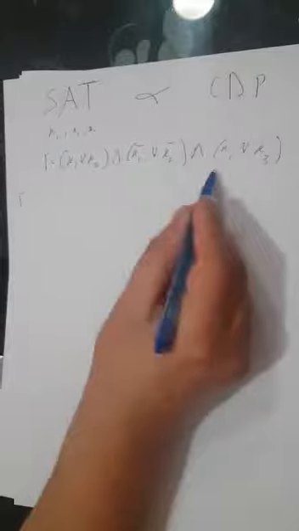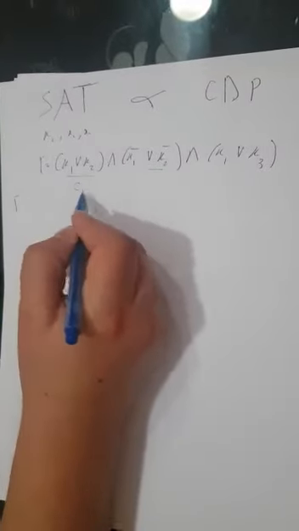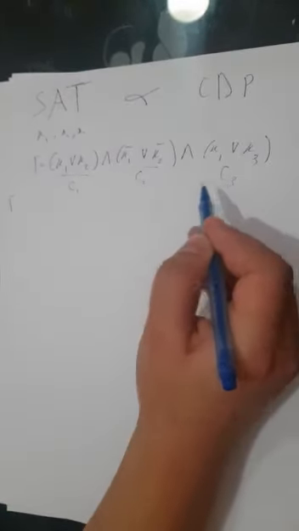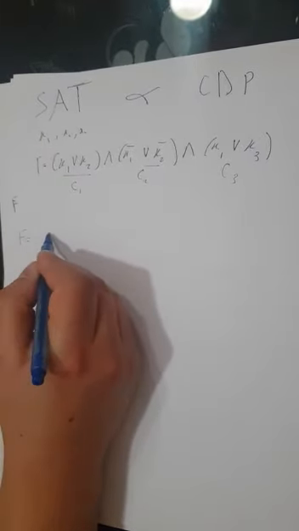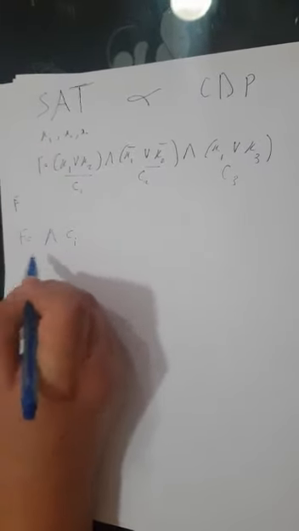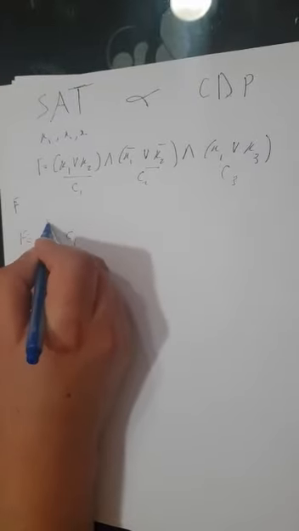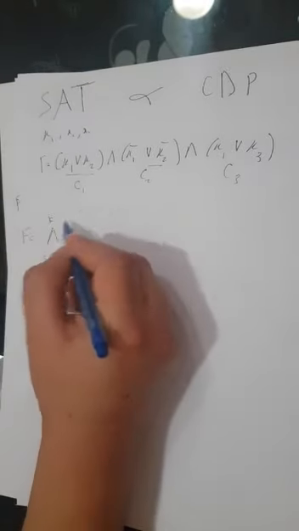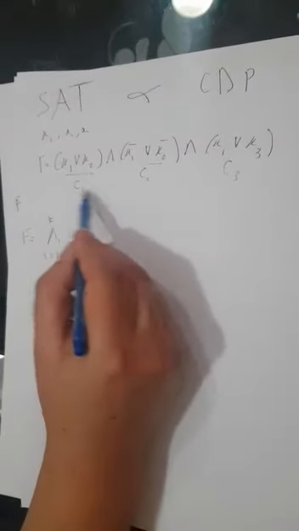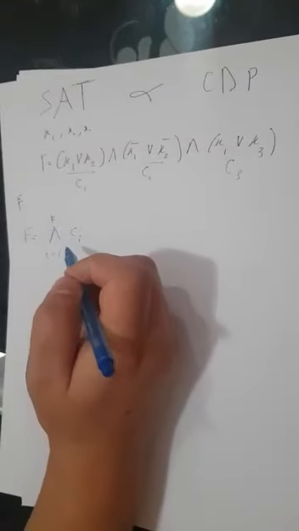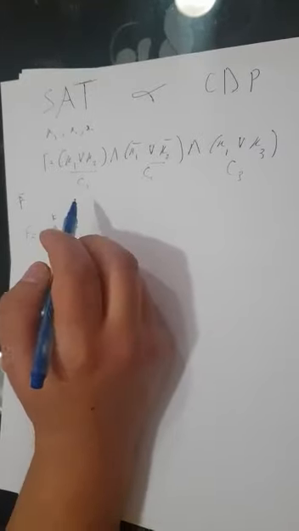Now we have here three clauses: clause 1, clause 2, and clause 3. So our formula is a set of clauses Ci, where i from 1 to k. Here k is 3, and we have three clauses.